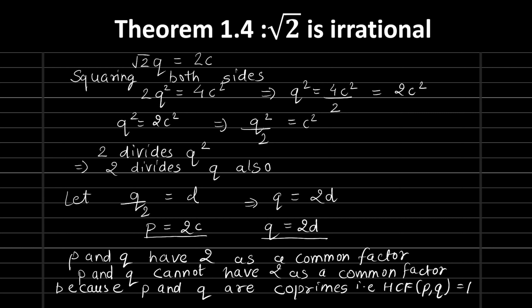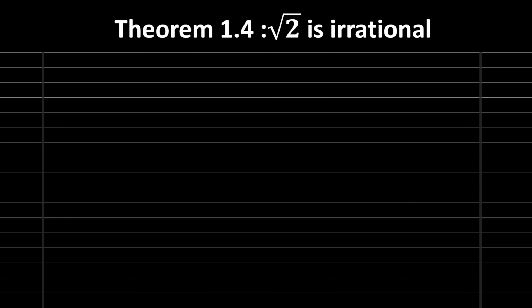Now here there is a contradiction, right? We assumed something and as a result we got something else. We got p and q have 2 as a common factor, but in the initial part, we assumed that p and q are co-primes. Now this contradiction has arisen because of our wrong assumption, because initially we assumed a wrong thing.